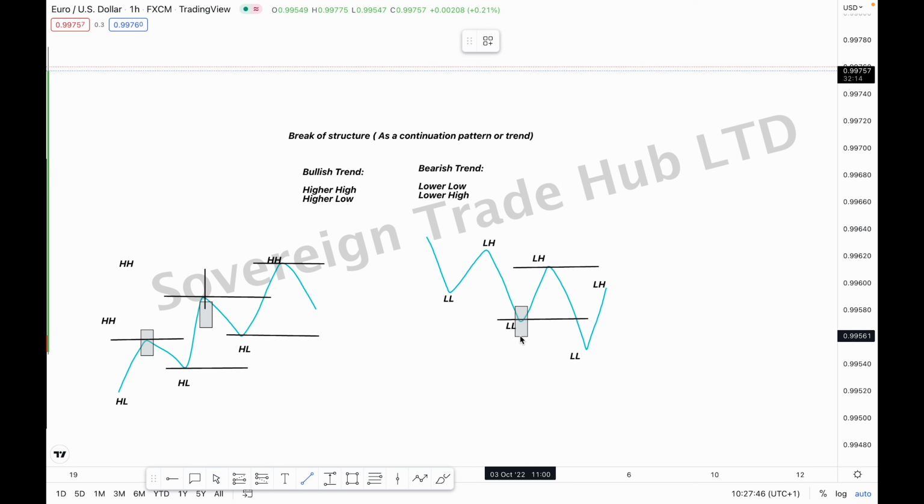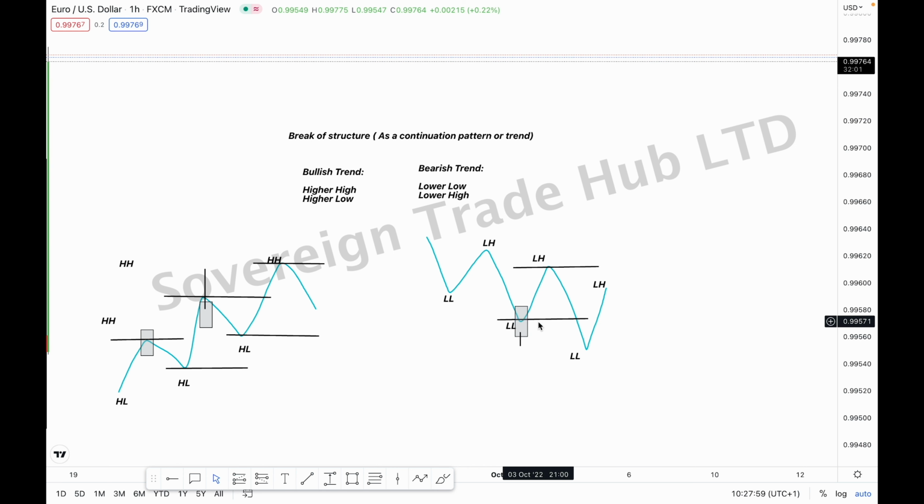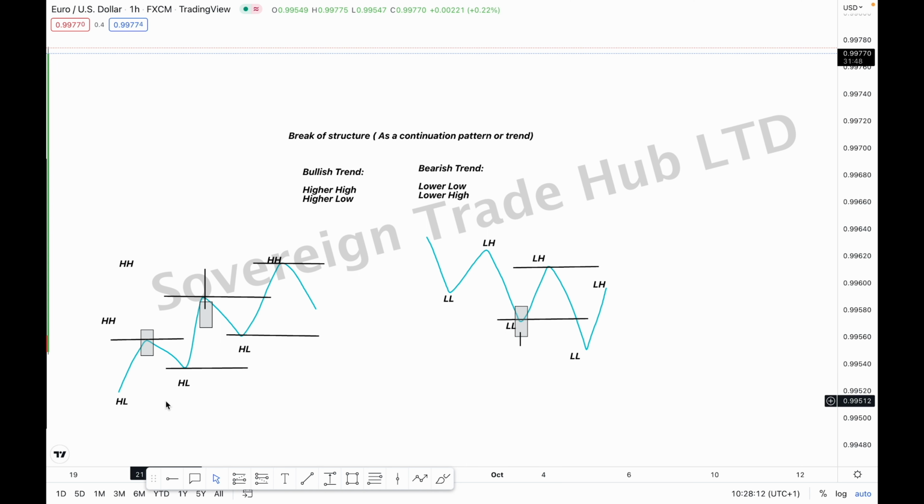We must have something like this, because this level here is the candle close, and this is the candle high. So we want the candle to close above the level of this structure range that we're looking at. This is a structure range, these points and this point. So for a continuation to be considered valid, we want a close below this level.